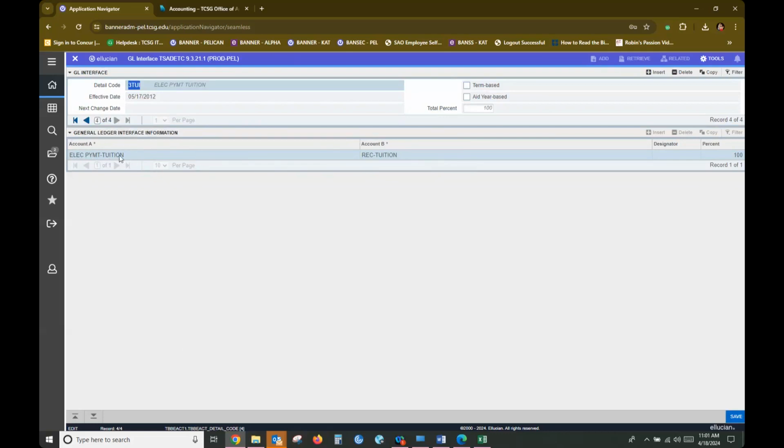But in general, in looking at this, your A account here, if you're taking a payment in for tuition, then you're going to be debiting your cash because most of the time this is cash. And a lot of colleges will have cash tuition, right, as their description so that they know what it is. But some colleges just have numbers. They have the PeopleSoft number of the fund that it goes into on PeopleSoft, right? So it just depends on how your college does it.